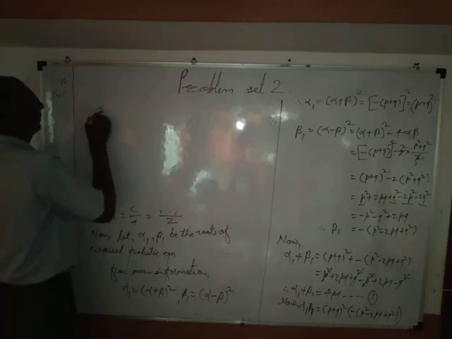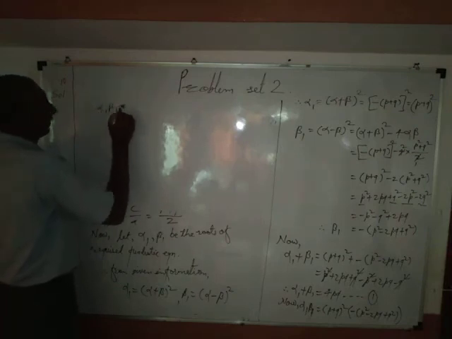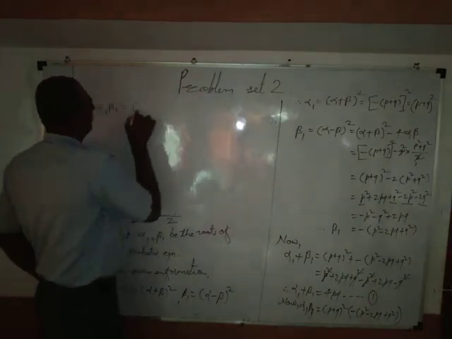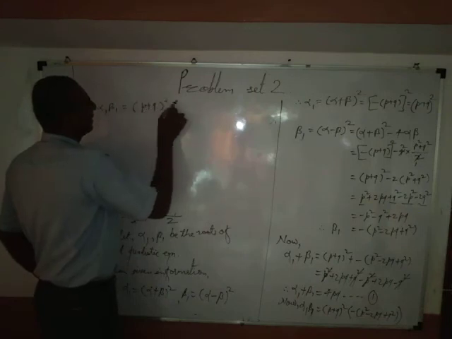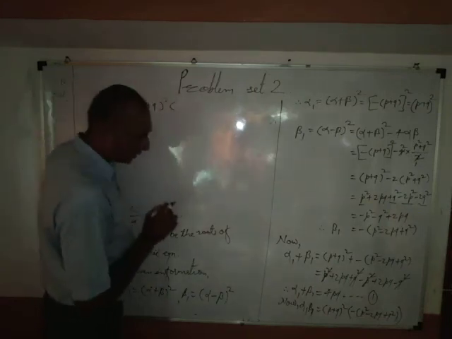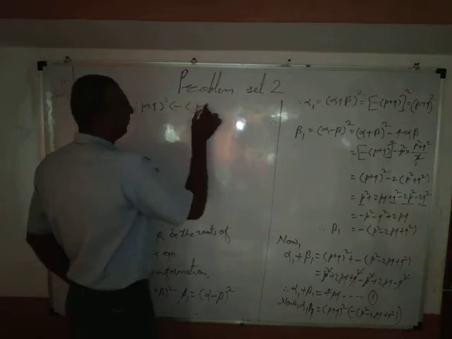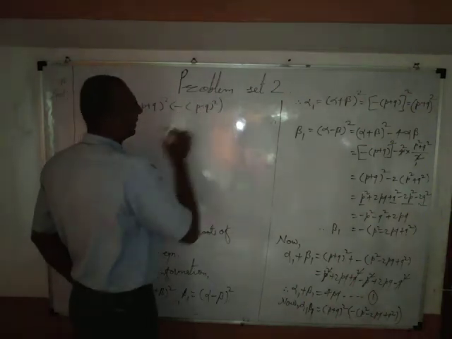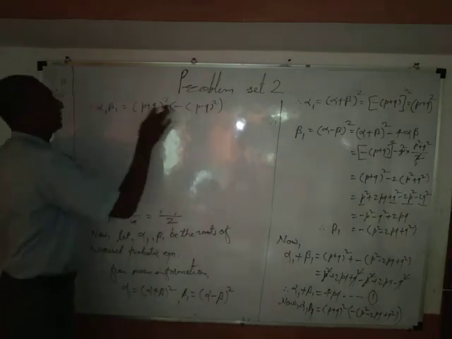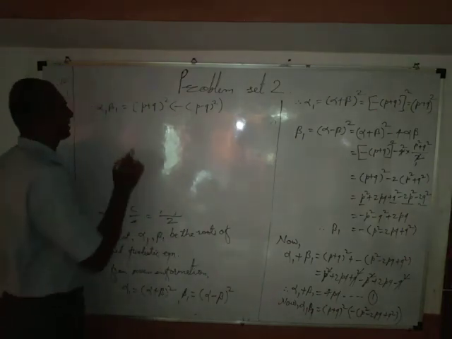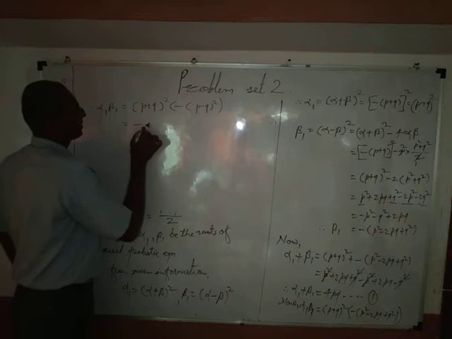Therefore alpha 1 beta 1 equals (p plus q) bracket square into another box, minus in bracket (p minus q) its square, bracket close. Plus into minus gives us minus, that equals minus.